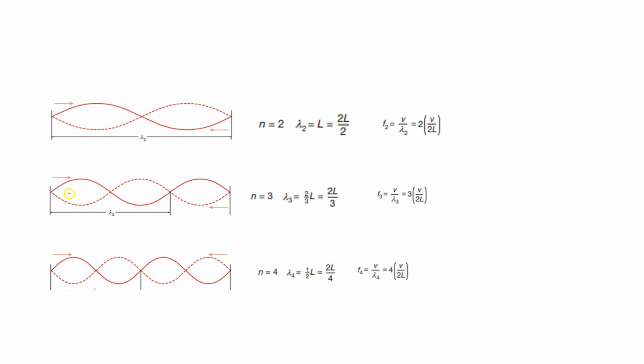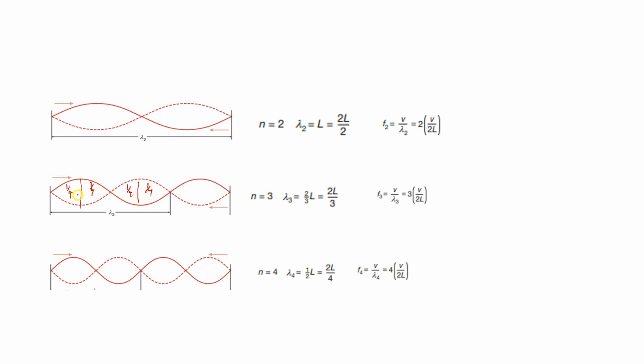So let's imagine that this is obviously going to be a quarter of a wavelength, and this is another quarter of a wavelength, and this is another quarter of a wavelength, and this is another quarter of a wavelength.